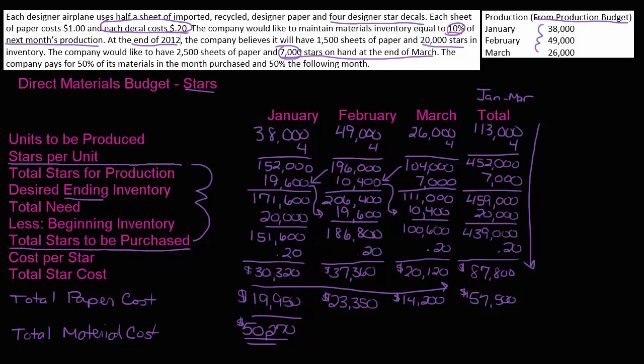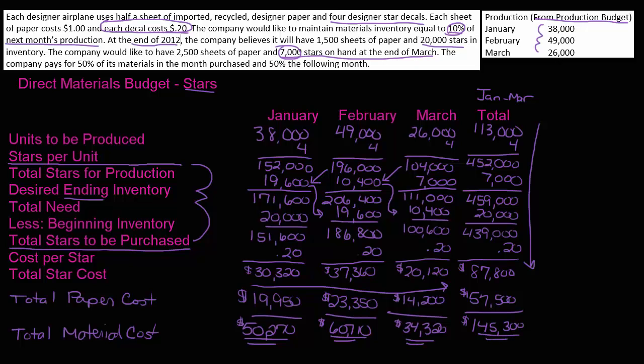Add up the 37,360 plus the 23,350, and that gives me a total of 60,710. 20,120 plus 14,200 is 34,320. And my total cost for the quarter, the 87,800 plus the 57,500, is 145,300.